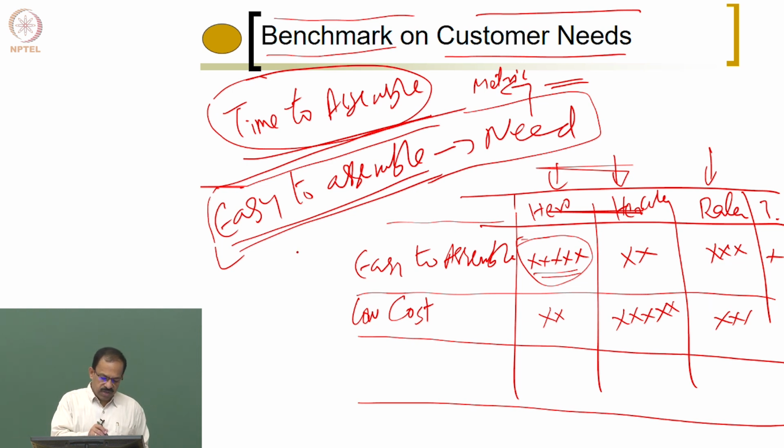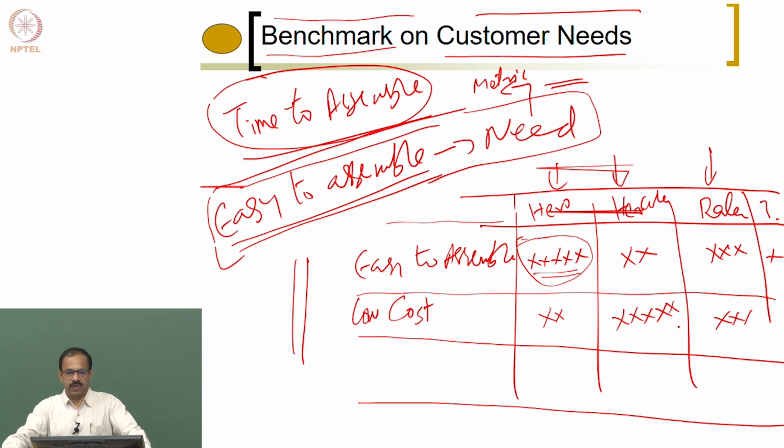So this is the first step in benchmarking, or getting the target values for the products or the metric. What we are trying to do is look at the existing products and see how well they are satisfying the customers, and based on that information, you add this rating, and then try to find out which product satisfies this requirement very well.